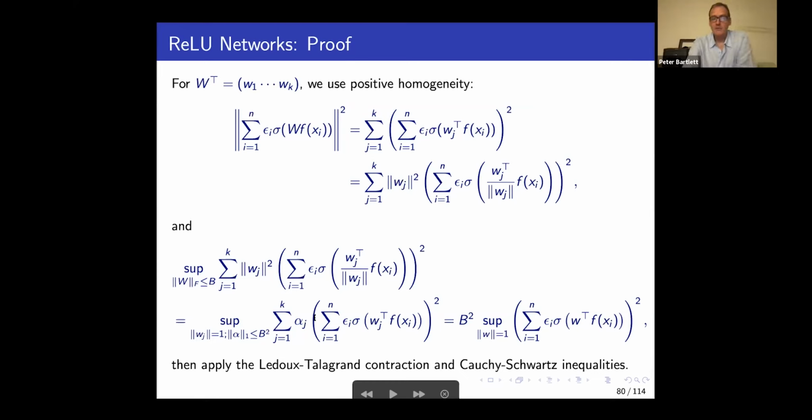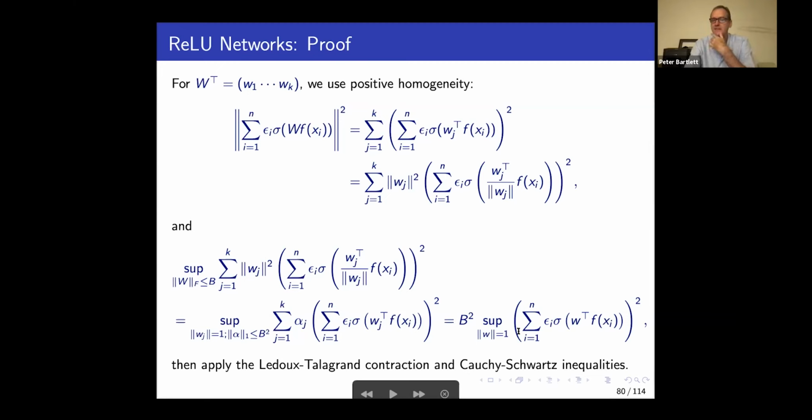Now we've got a linear combination of stuff, a separate optimization here and here. Clearly the right thing to do with the alpha j's, which have to sum up to b squared, is to put all of that b squared on the maximal value of this one. So we can remove that maximization. It just becomes b squared times the biggest value we can get from any component here.